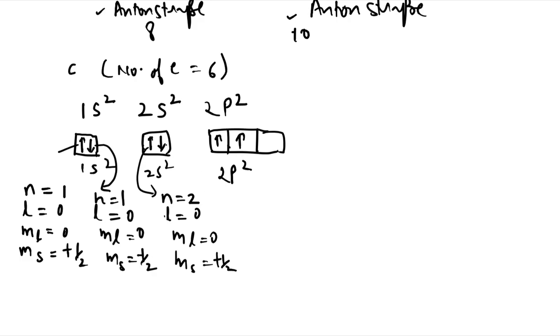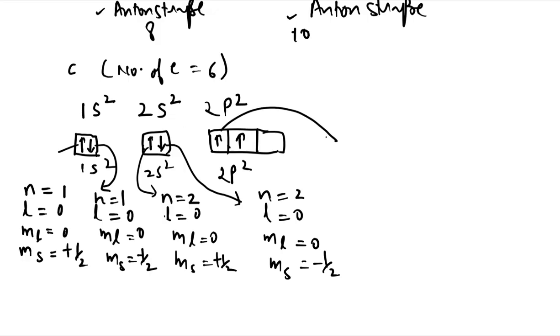For this particular electron, n will be 2, l will be 0, ml will be 0, and ms would be minus half. So this electron has a different address, this has a different address, this one has a different address, and this one also has a different address.